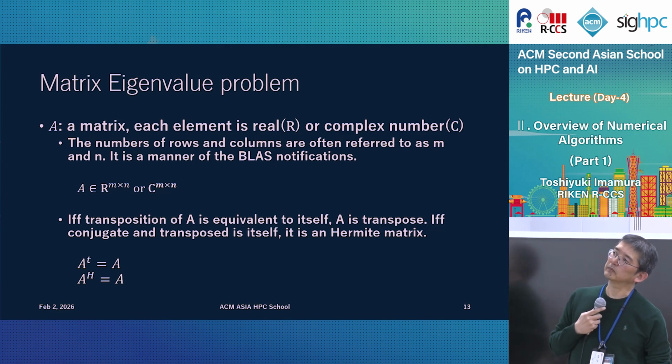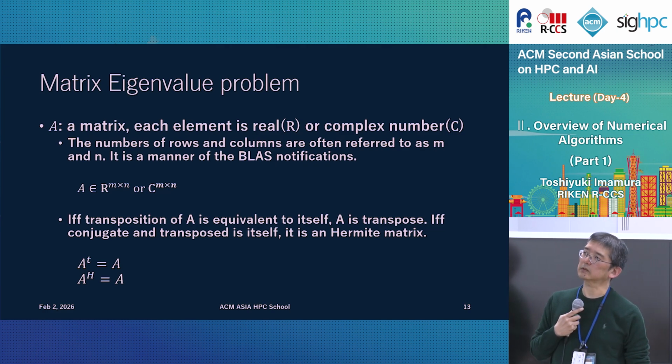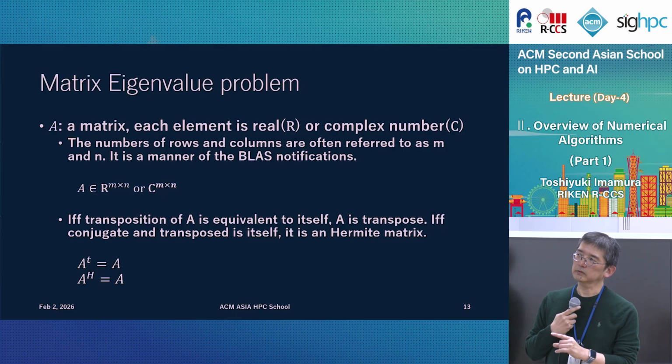And if the matrix's transposition is identical to itself, we say it is a symmetric matrix. If the transpose and conjugate give the same matrix, we say that's a Hermite matrix, or Hermitian.